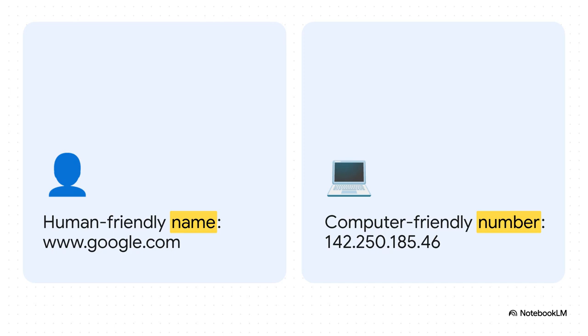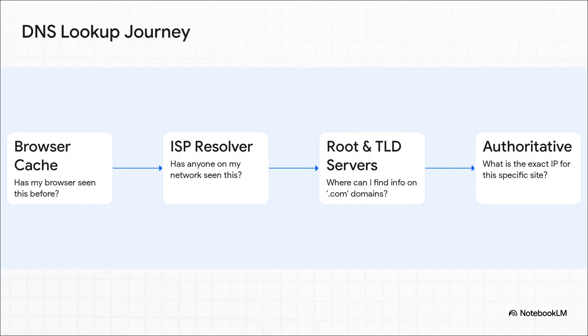So when you type in www.google.com, DNS is the thing in the background that whispers to your browser, oh, they mean 142.250.185.46. I mean, can you imagine having to memorize a string of numbers for every single website you visit? No way. And what's really clever is how efficient this whole lookup process is.